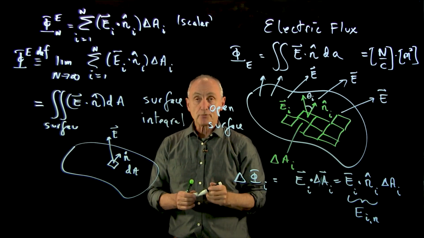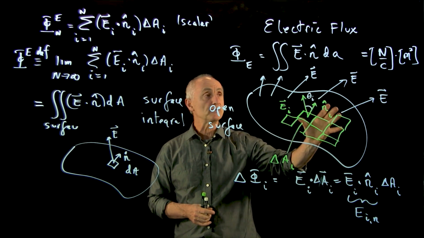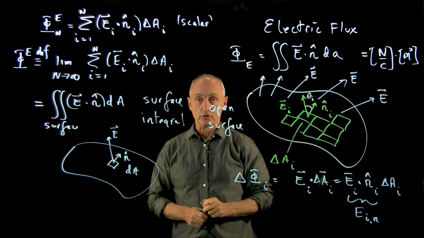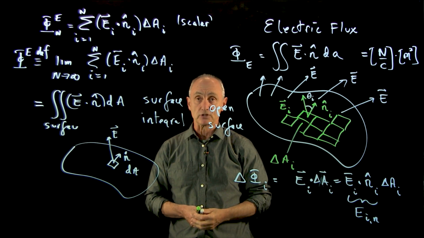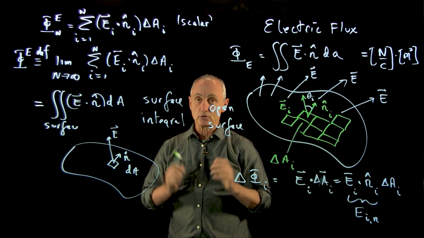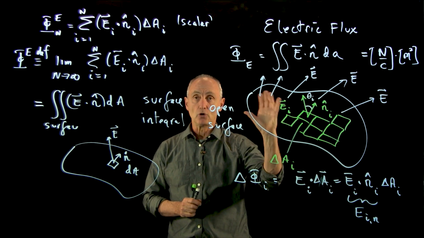Now, I should say that in principle, surface integrals are difficult to calculate because you need the shape of the surface, and you have to know how the electric field varies over that surface. And in your math courses, you'll learn how to do these types of surface integrals. In physics, we'll try to consider some very special cases in which the type of surface we pick has a known geometry.